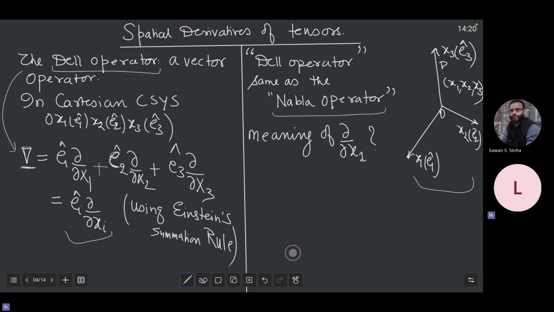Before I move further, I want to ask you, what do you understand by this? The reason I am asking is that earlier when I have taught this course, there is a good number of students who are not clear what it actually means. In some maths course, you would have been taught by this time. This is partial derivative with respect to x1.